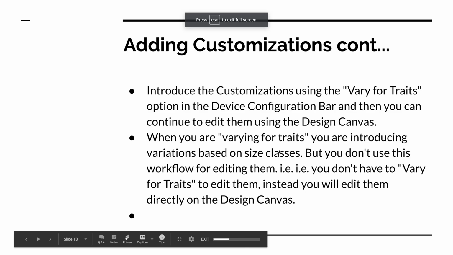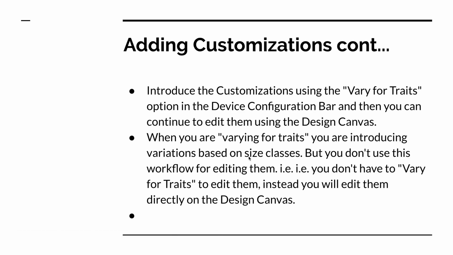That's the first point. Then the second point: when you are varying for traits, you are introducing variations based on size classes, isn't it? Because when you vary for traits, you always select whether it's width regular, height regular, or some other thing, right? But you don't use this workflow for editing them. That's what we said in the first bullet point.